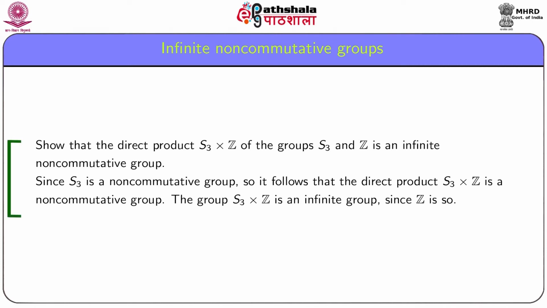Similarly, using the finite non-commutative group S3 and any infinite group, you can get a new infinite non-commutative group. Thus, we see that in the Cartesian product G1 cross G2, if either G1 is non-commutative or G2 is non-commutative, then G1 cross G2 is a non-commutative group.